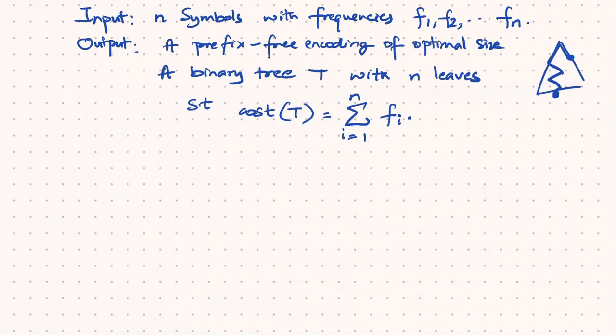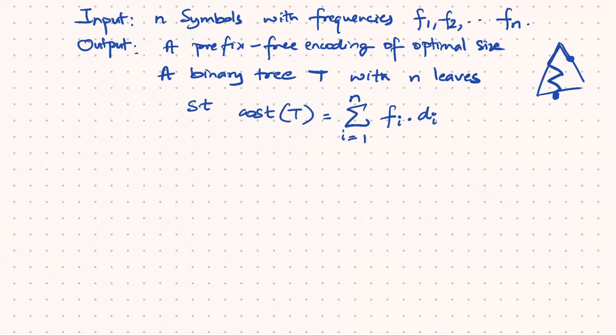So we denote this quantity by di, where fi is the frequency of the ith symbol, and di is the depth of the ith symbol in this particular tree.